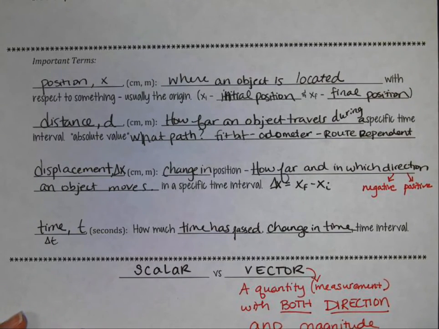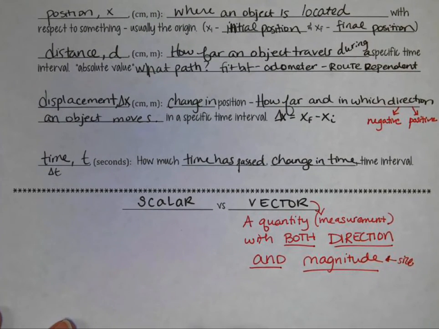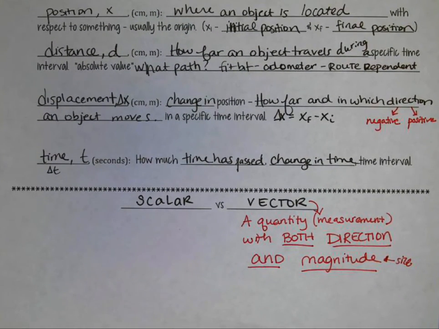Magnitude means size. So if I was talking about the magnitude of my height, the magnitude of my height would be the number, the numerical value, so 5, 6. My height doesn't really have a direction. We could kind of say up, but not really. It's just a relative distance. So magnitude, again, is just the numerical value.